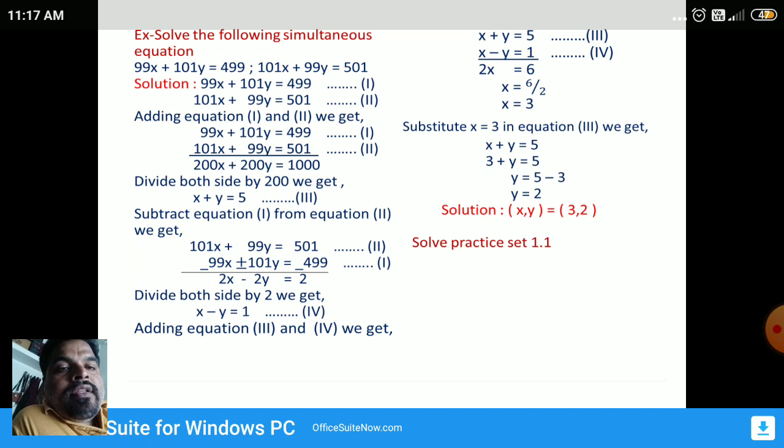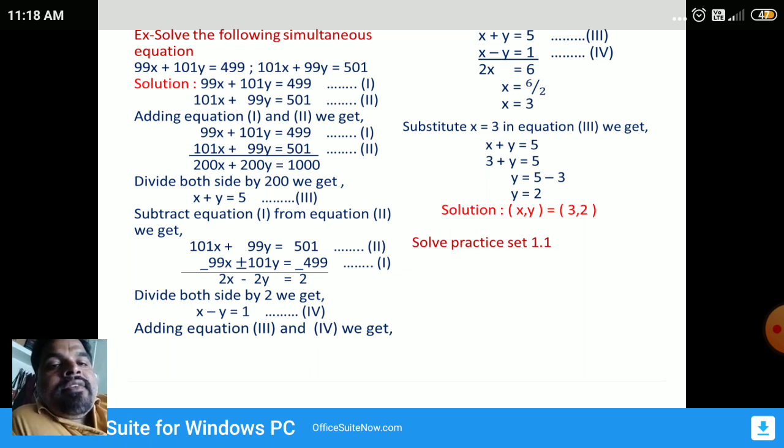Now in the exam, an example asked on these equations: first you find the value of x plus y. The given equations: 99x plus 101y is equal to 499, the second equation 101x plus 99y is equal to 501, and find the value of x plus y.